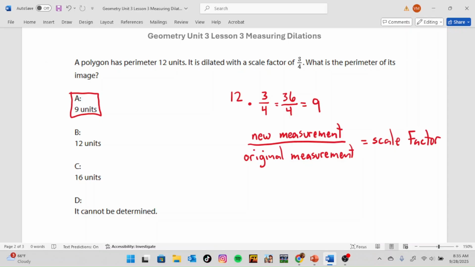So if I were to rearrange this and I wanted to find the new measurement, then I can simply multiply both sides by the original measurement, and I now have new measurement equals scale factor times original measurement.